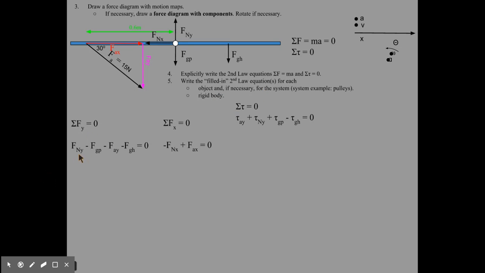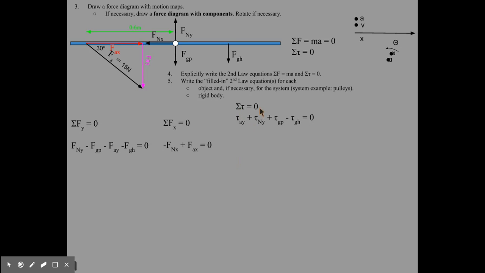In the vertical, we've got FNY, FGP downward, the force due to gravity of the plank, FAY, this vertical component downward of the applied force, and the force due to gravity of the hanging mass. Those are going to add up to zero. Likewise, horizontally, FNX and FAX have to balance each other out and add up to zero.